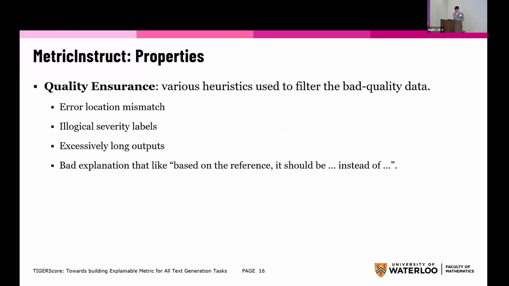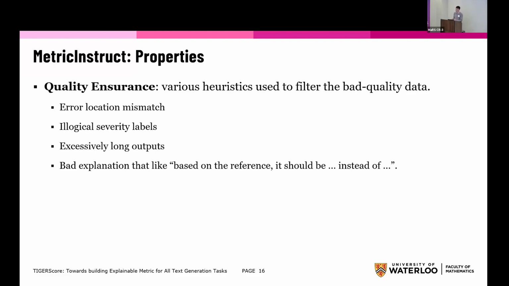Another property of MetricInstruct is quality assurance. We use various heuristics to filter out the bad quality data output by GPT-4. Some heuristics include error location mismatch. Sometimes GPT-4 outputs errors whose location is actually not in the input, it's somewhere else, so it's an unreasonable analysis.